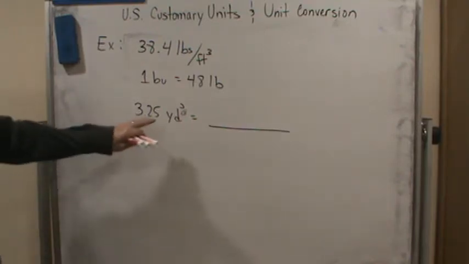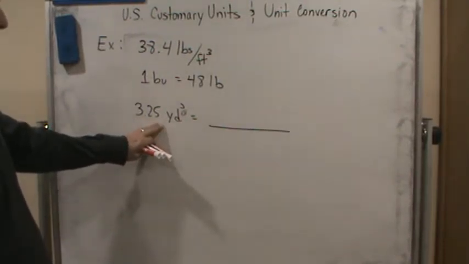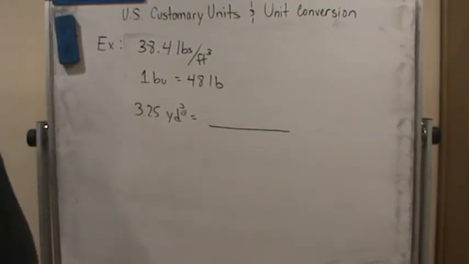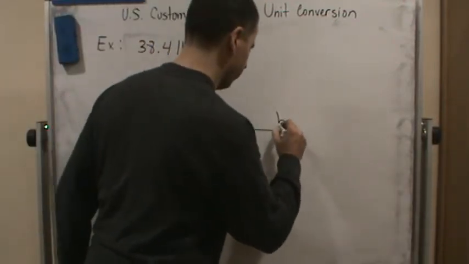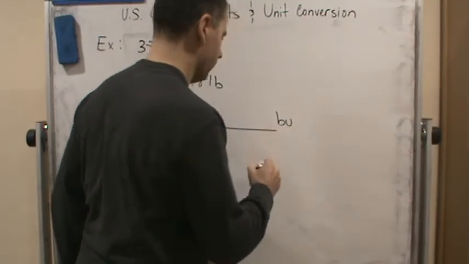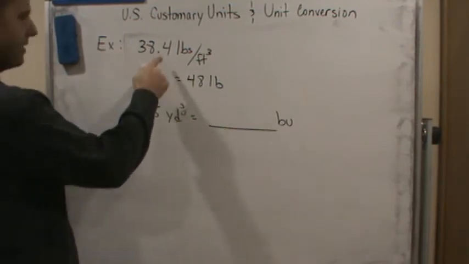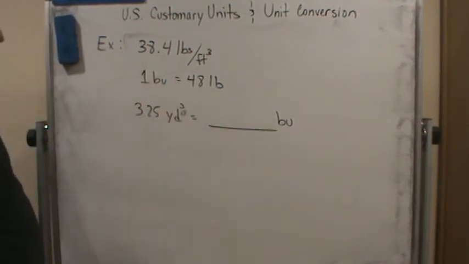So we want to know how many bushels of barley are contained in 3.25 cubic yards. That's the question. Well, we've got this and this information to help us.